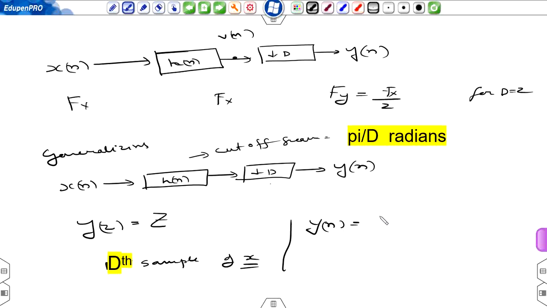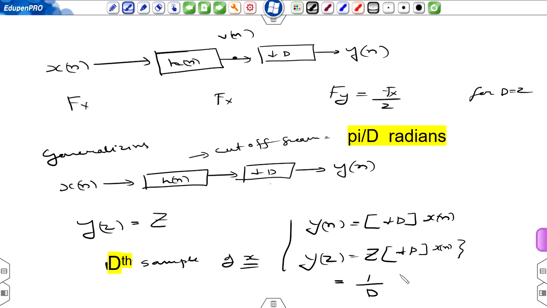And y[n] can be represented by this notation, and Y of z is the z transform of x[n] downsampled by D, and this will be equal to 1/D summation k equal to 0 to D minus 1 X of W^k z^(1/D), where W is e raised to the power j2π/D.